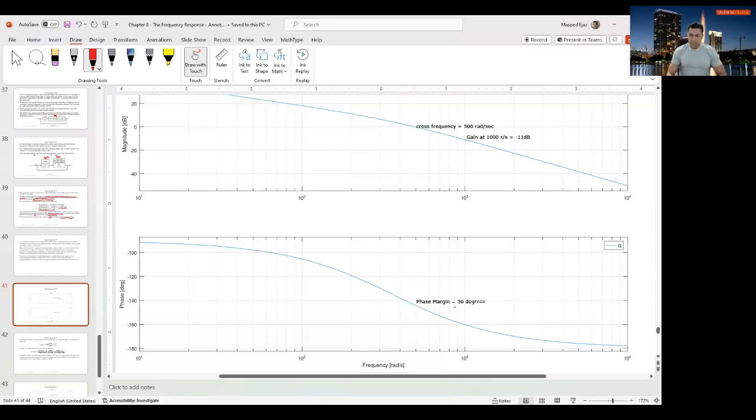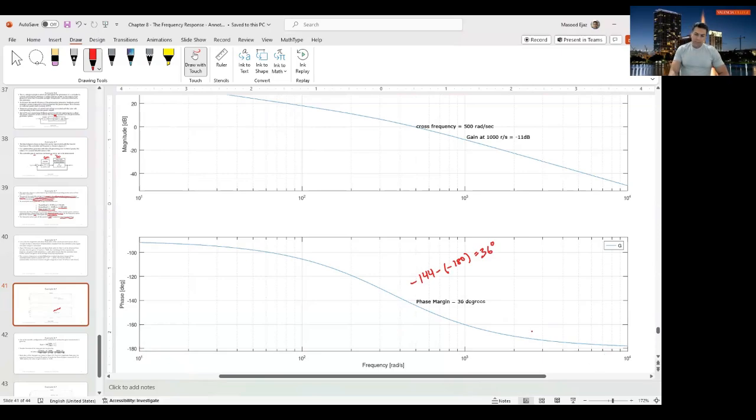So the phase margin is 36 degrees, which is negative 144 minus negative 180, because the minimum value of the phase is negative 180. So that's your phase margin, 36 degrees at the crossover frequency.